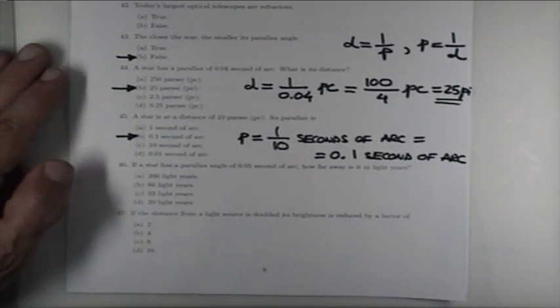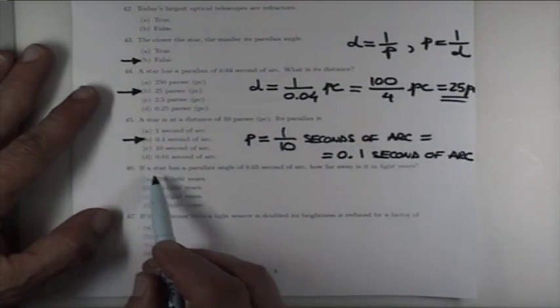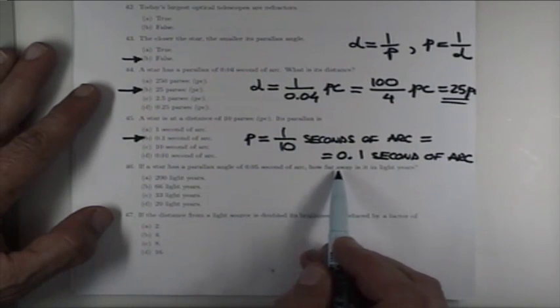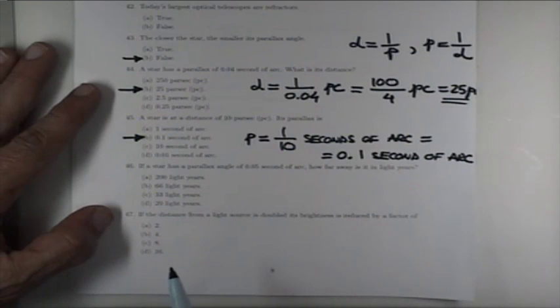Okay, now one question that combines this relationship here and the connection between parsec and light year. Question 46 is, if a star has a parallax angle of 0.05 seconds of arc, how far away is it in light years?